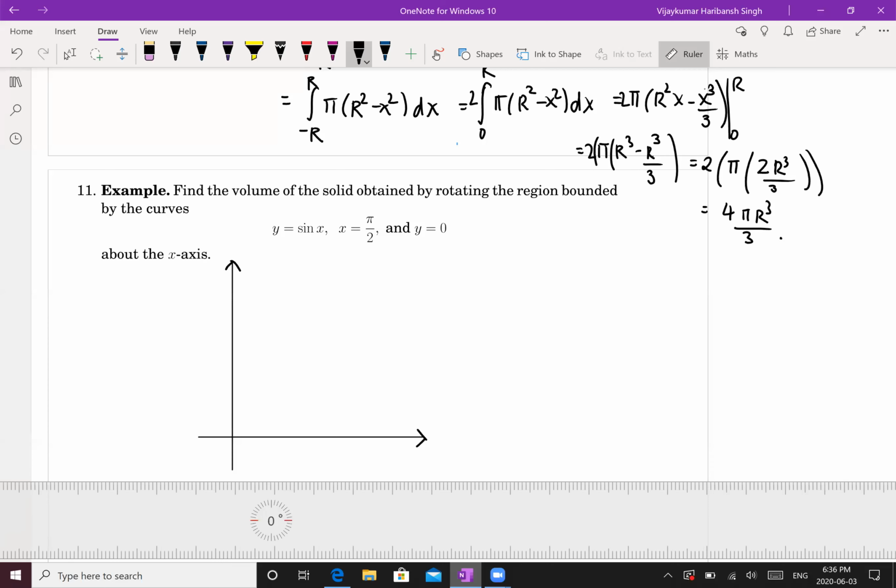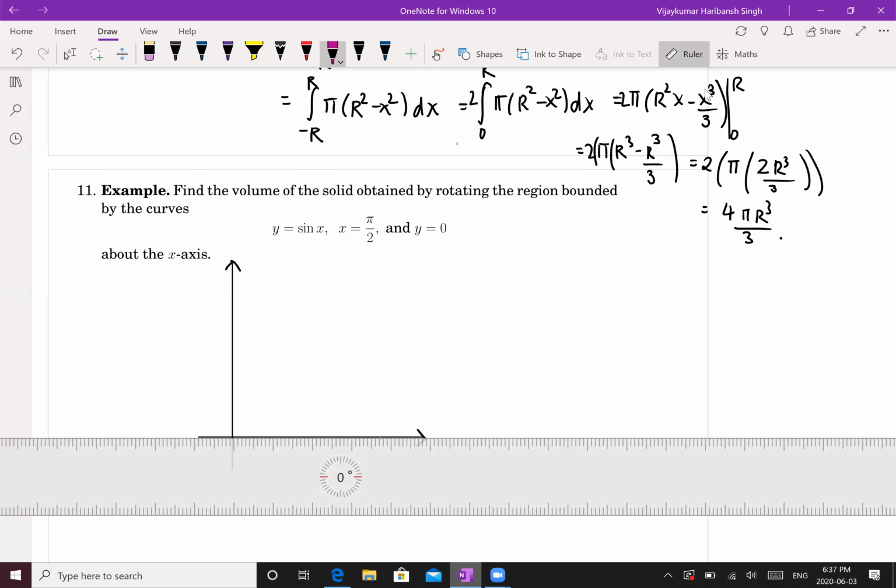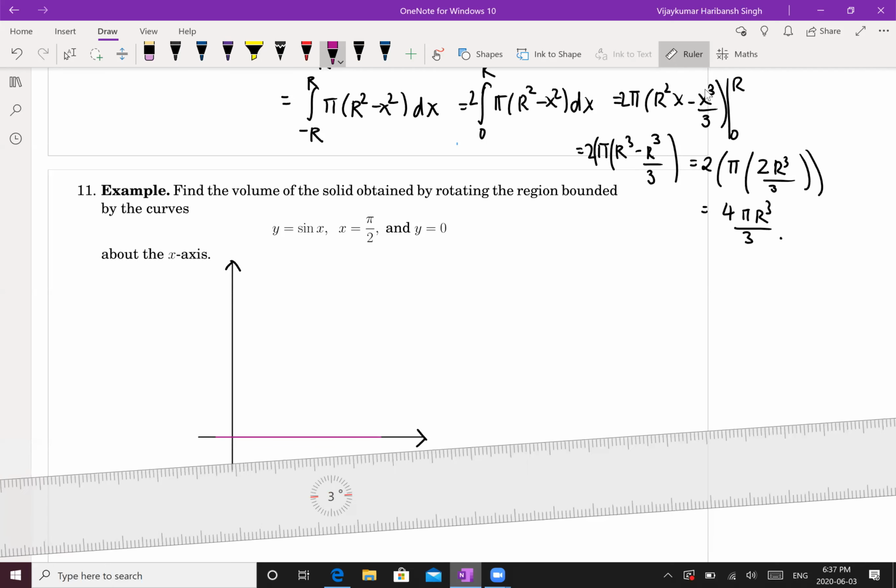Now consider the following problem. Find the volume of the solid obtained by rotating the region bounded by the curves y equals sine x, x equals pi by 2, and y equals 0. So y equals 0 is your x-axis. So one of them is the x-axis, so that's fine. What is the other boundary? The other boundary is x equals pi by 2.